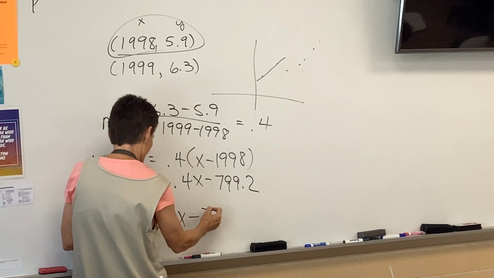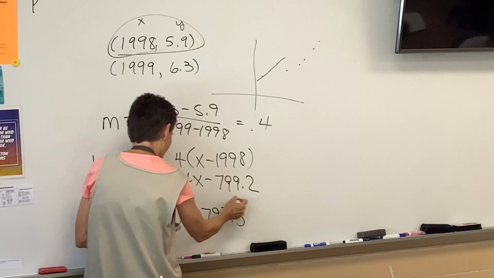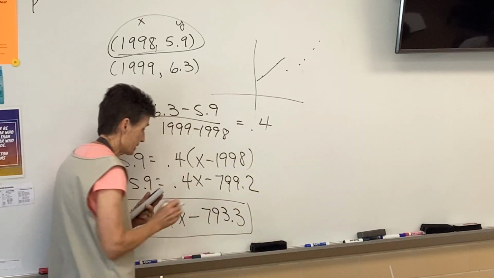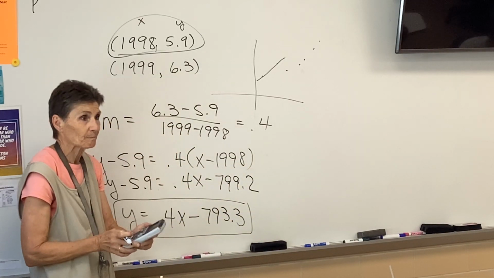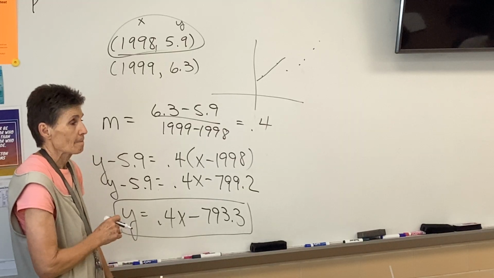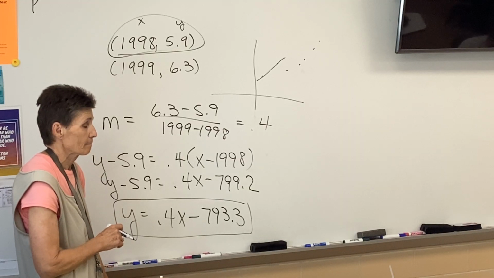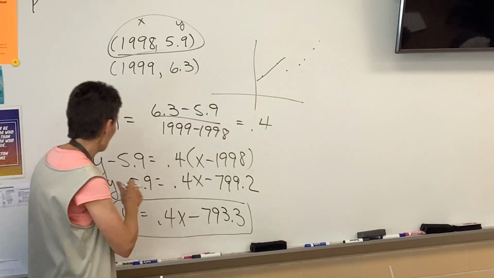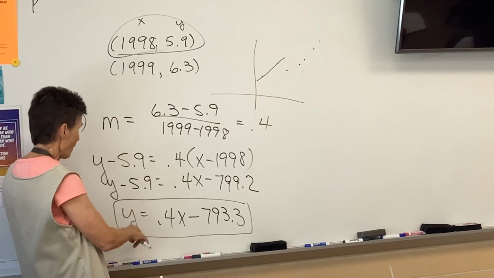And this is what I came up with. What do you think? Does that look okay? So that's part A of the question, right here. All this is part A.